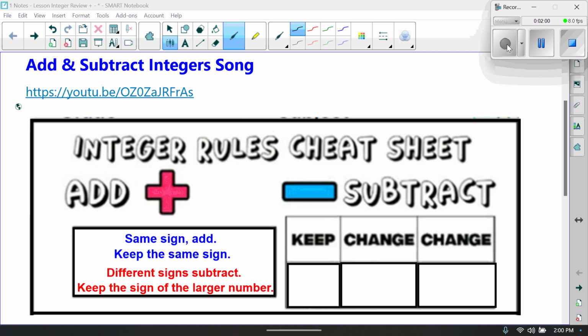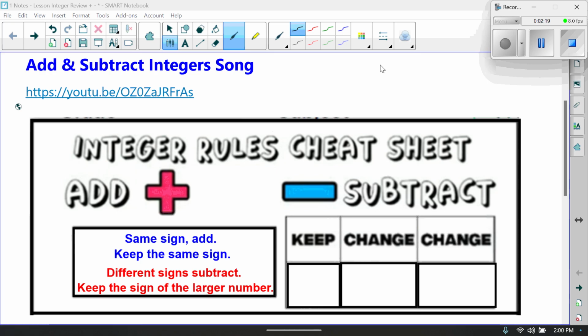For subtraction, the subtraction was not in the video, but here we have the reminder of what the rule is. When we are subtracting integers, we do the keep, change, change. We are going to add the inverse. Okay?